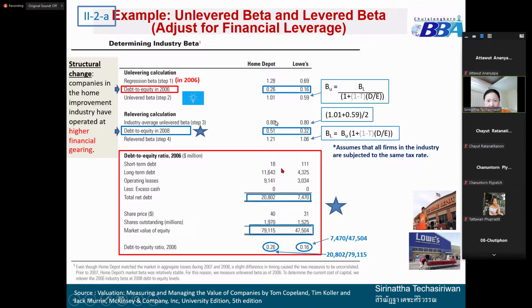So from the industry unlevered beta, they re-lever it back to the target debt to equity ratio using this formula: multiply the unlevered beta by 1 plus debt to equity ratio multiplied by 1 minus tax rate, and they have this levered beta. This beta can be used in the CAPM model to estimate the required return when we want to value a stock. Okay, any question on this example?